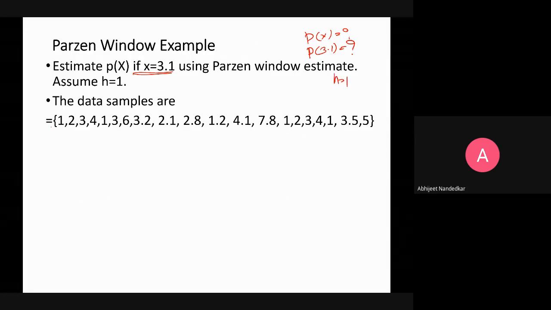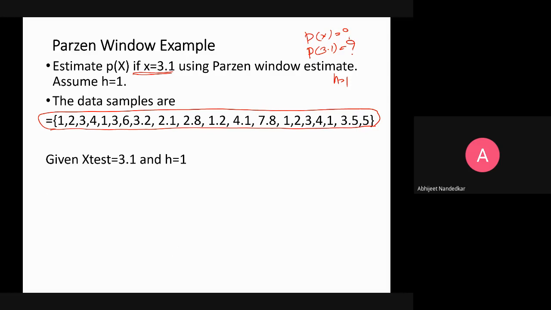And this is your given data. Based on this, you have to find the probability density function at x equal to 3.1.